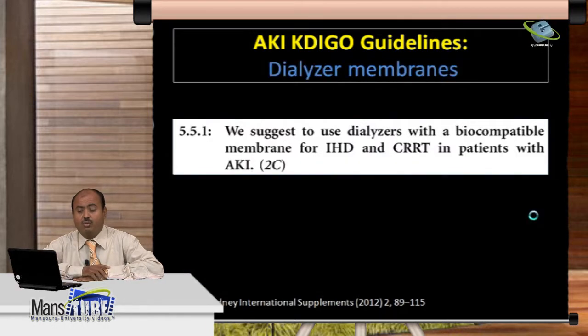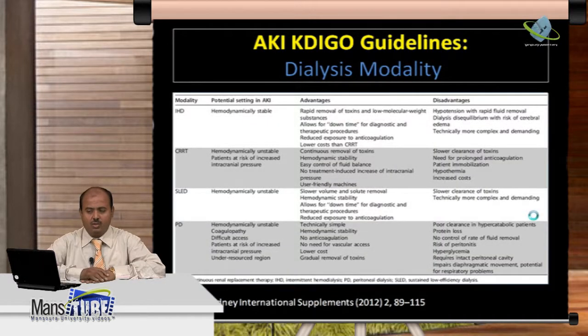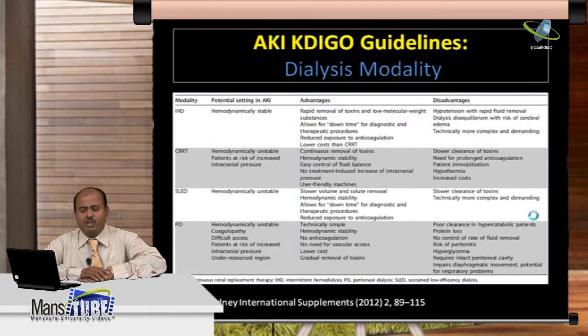And they suggested using a dialyzer with a biocompatible membrane for intermittent hemodialysis and continuous renal replacement therapy in patients with acute kidney injury. So these slides summarize the different dialysis modalities that may be used in managing the patient with acute kidney injury. The modalities are either intermittent hemodialysis, continuous renal replacement therapy, slow low-efficiency dialysis, or peritoneal dialysis.